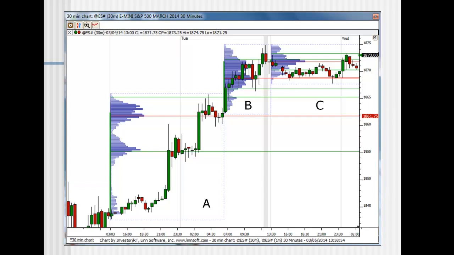is complete. So we are going to employ one of the most basic concepts here for our trading strategy, and that is the value area. We're going to look at where the value area is, and we're going to trade based on where price is relative to the value area.